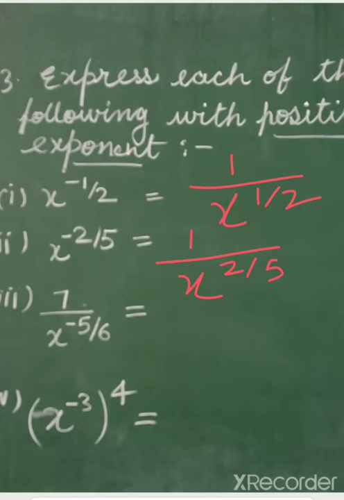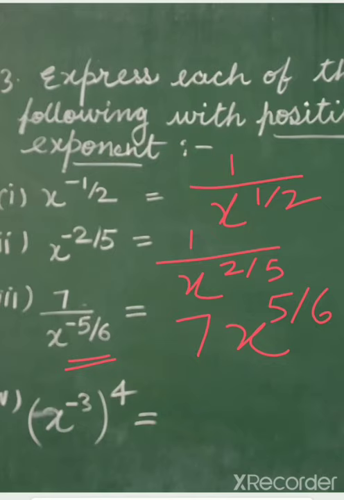So we will write 7 into x to the power 5 by 6, because first it was in the denominator with negative power. So its reciprocal will be in the numerator, x to the power positive 5 by 6.